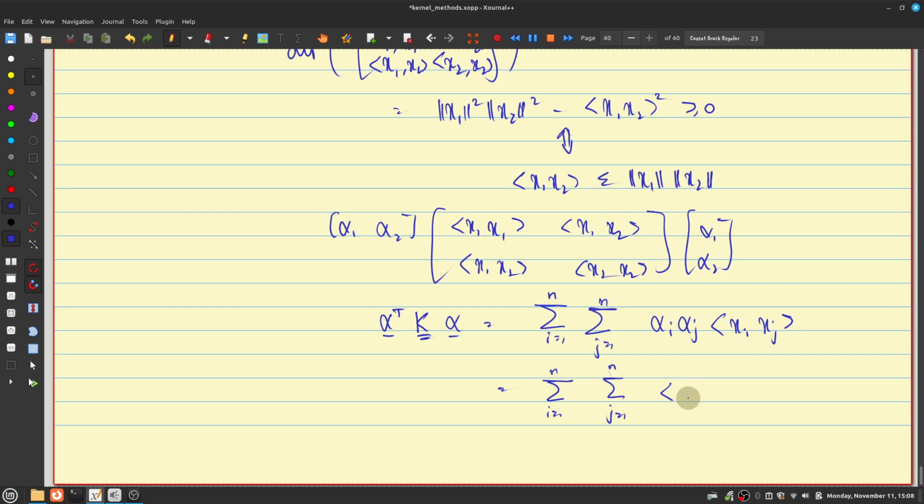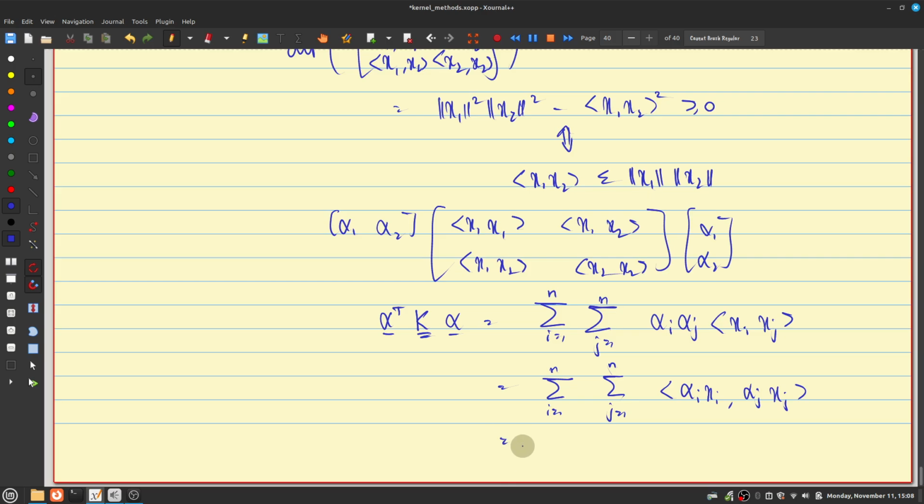of alpha i, alpha j times the inner product between xi and xj. Now let me use linearity of the inner product. For each i, I can fix a particular i, and I can take this whole summation inside.